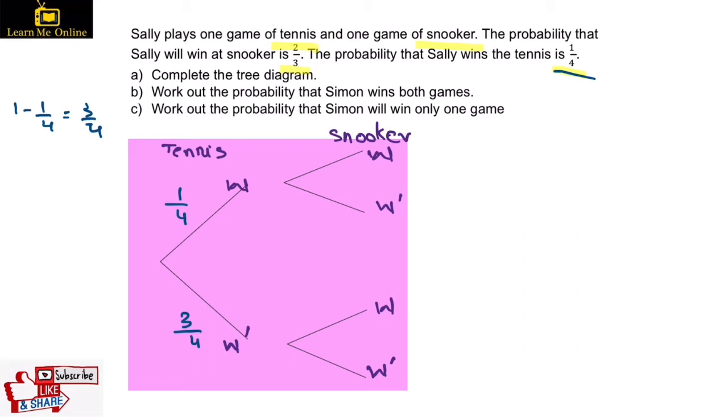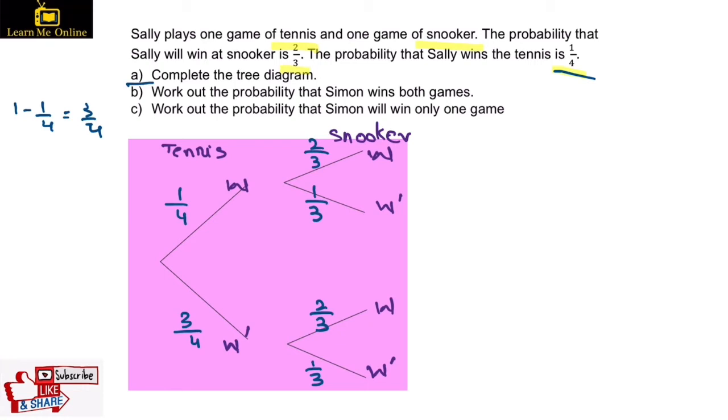Now, for Sally to win the snooker game is 2/3, so that would be 2/3 here. That's the win of the snooker game. So if 2/3 is the probability for her to win the snooker game, the probability of not winning the snooker game would be 1/3, the remaining fraction, and the remaining fraction would go here as well. This is the first part done, where it says to complete the tree diagram.